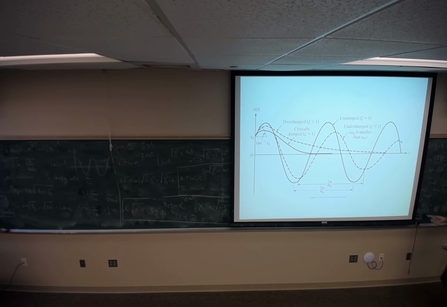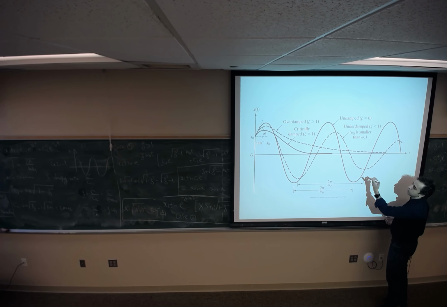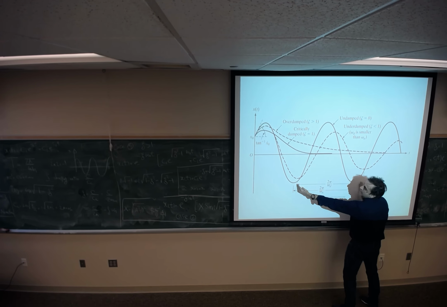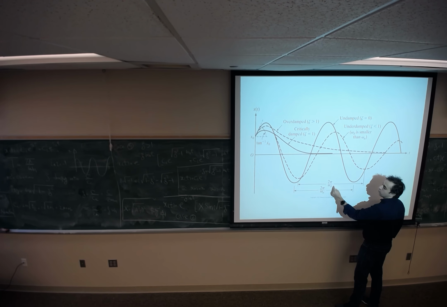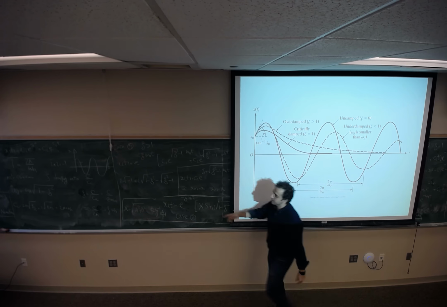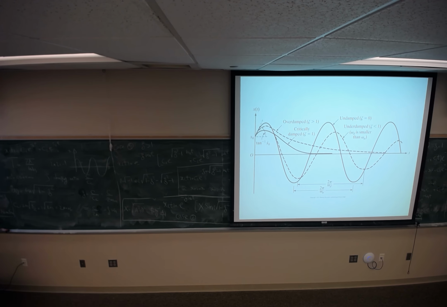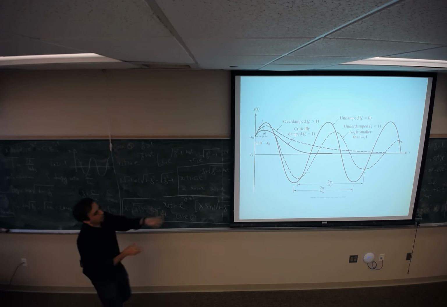So again, if you pick two same points, suppose two peaks, the time difference between these two is 2 pi over omega d. Omega d is the angular frequency of damped vibration. So this is how we can show all 4 cases here.